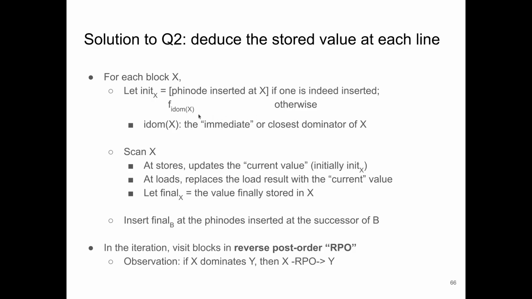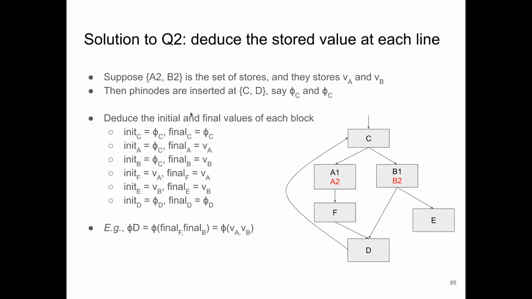closest dominator of x. So what is meant by the closest dominator is that, let's say there's an F here, and F has two dominators. One is C and one is A. But A is closest because when you're going through C to F, you're going to visit A as the latest one.